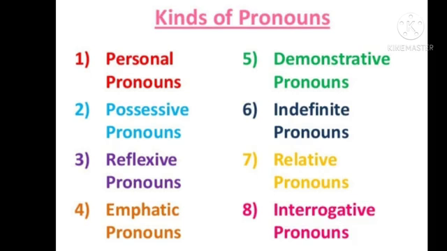Then we have the demonstrative pronouns, which we use to demonstrate something, and they are only for this, that, these and those. Then we have the indefinite pronouns, that is when we don't know the person or a thing. We are just referring to it in a general way, and if we are using words like some, few, many, all, one, none, all these are coming under the indefinite pronouns.